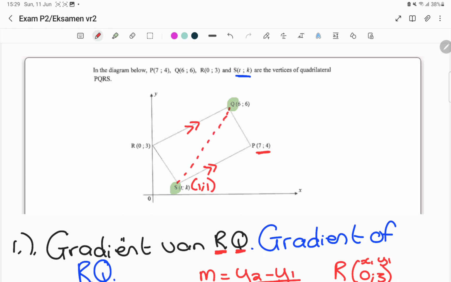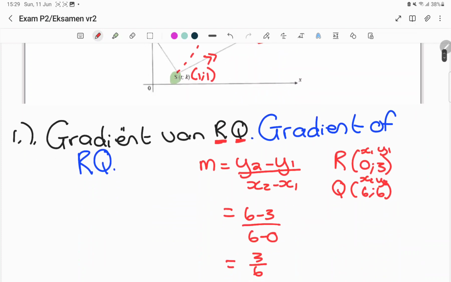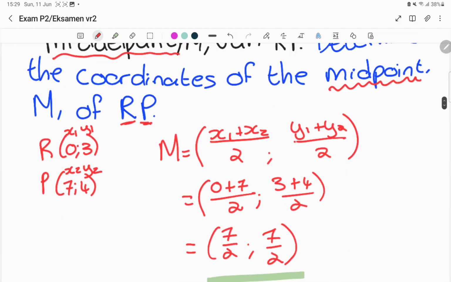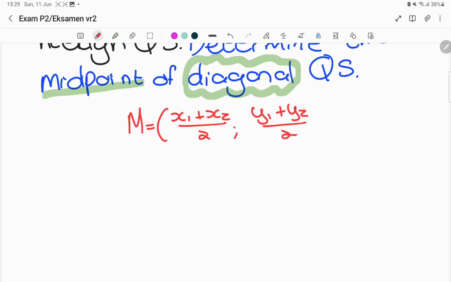Alright, so now I'm just going to work out the midpoint between Q and S, so somewhere there. Alright, so let's quickly write down. So the midpoint formula is M is equal to x1 plus x2 over 2, y1 plus y2 over 2.